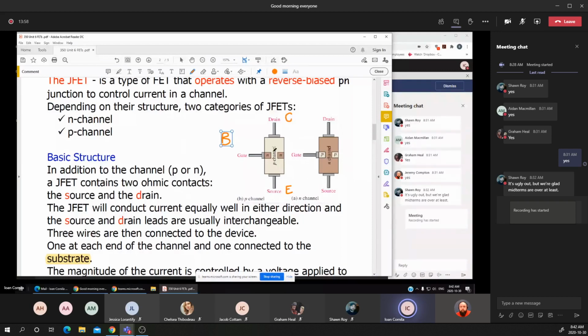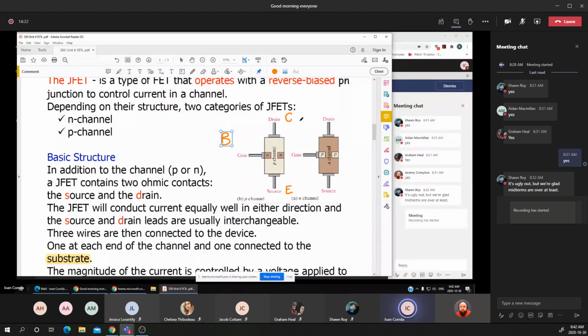You notice that there is a channel formed between the drain and the source. Now, what is the purpose of the gate? To limit or adjust the current that flows between the drain and the source.